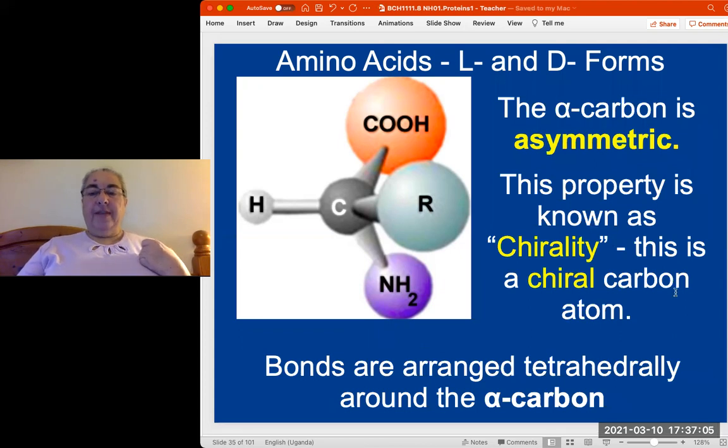So this property of amino acid is known as being chiral, chirality. The alpha carbon is a chiral carbon atom. Okay, so that's a new word for you to remember, a chiral carbon atom.